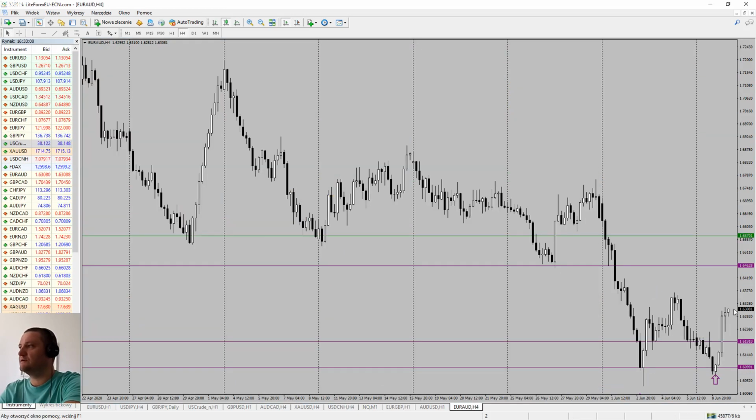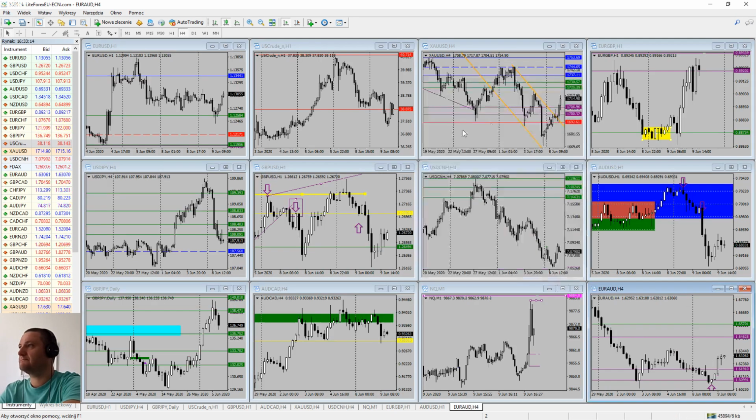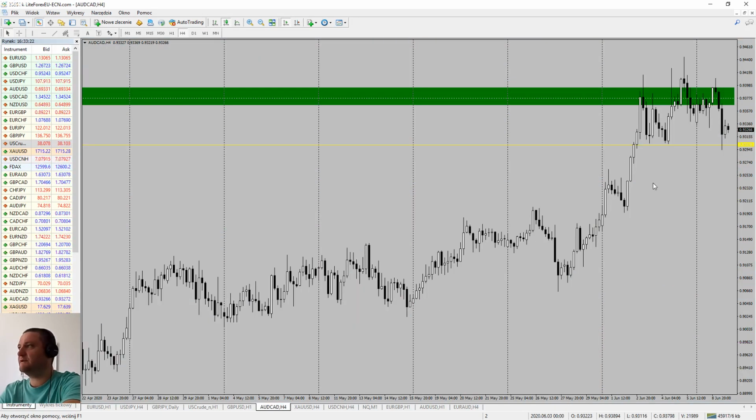Also, EURAUD is doing well as discussed this morning. AUDCAD is waiting for the break through this support at 93. So if that's going to happen, we might double this move to the downside.